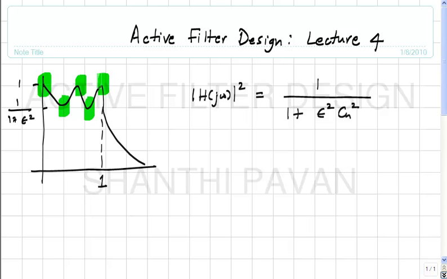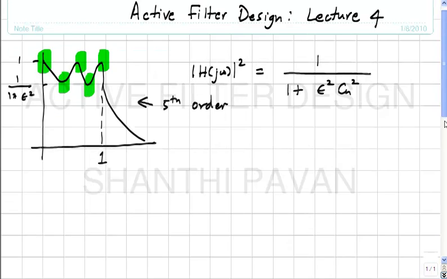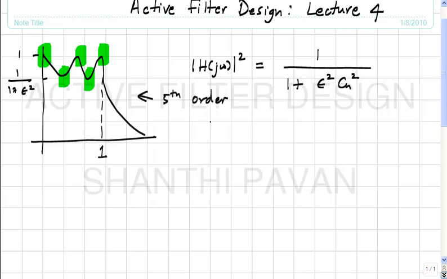This is an example of a fifth order so-called equiripple approximation.